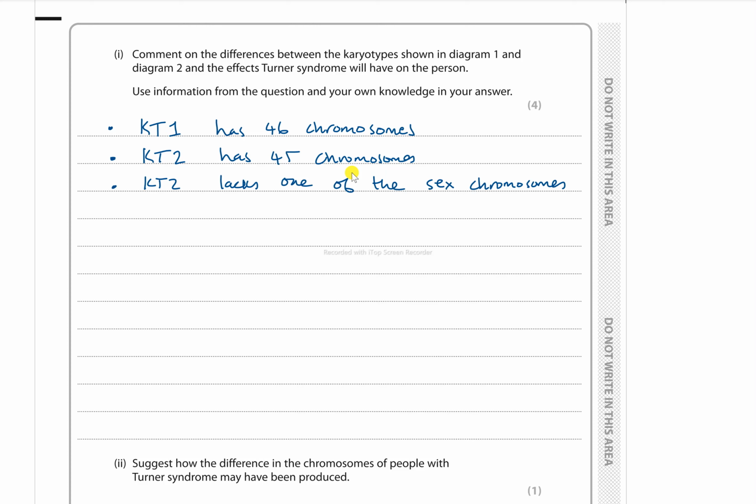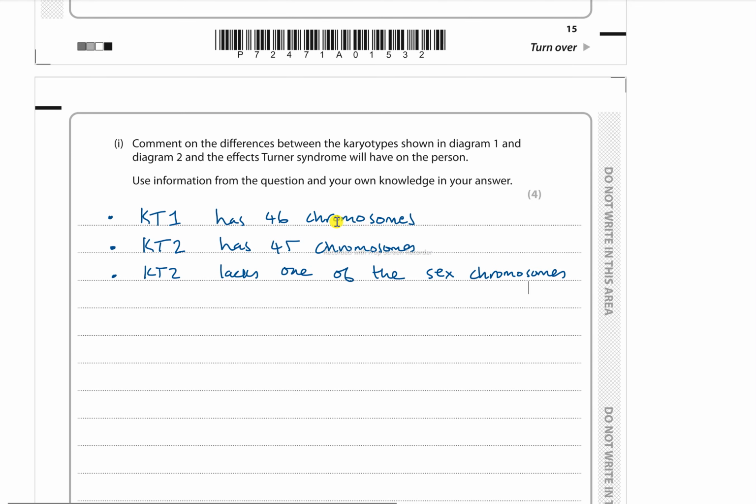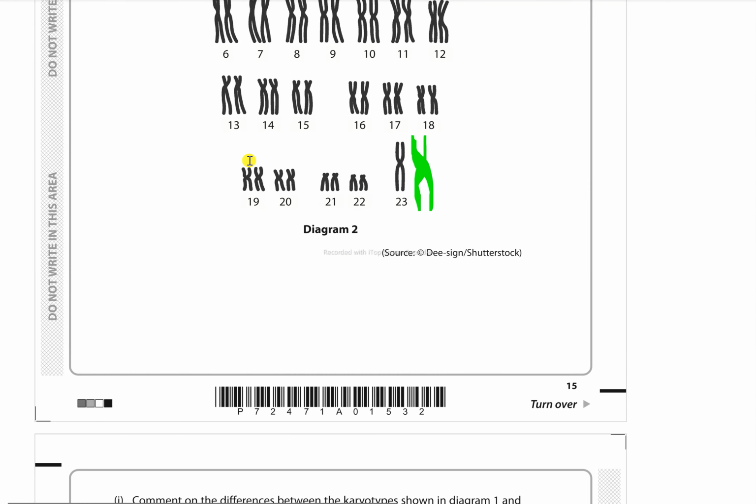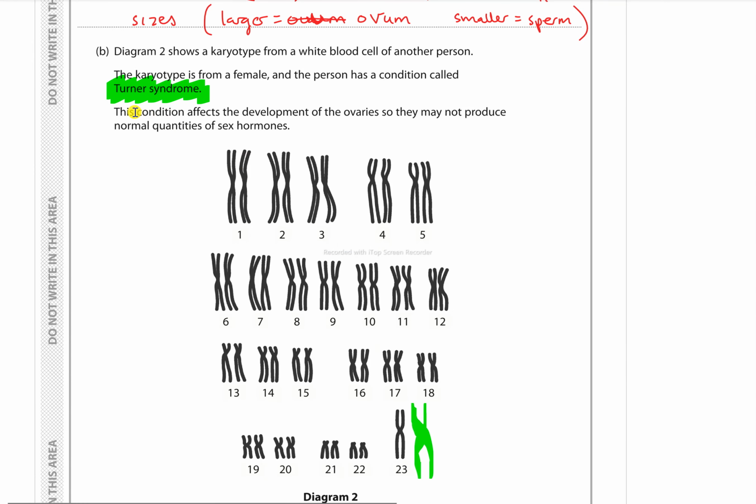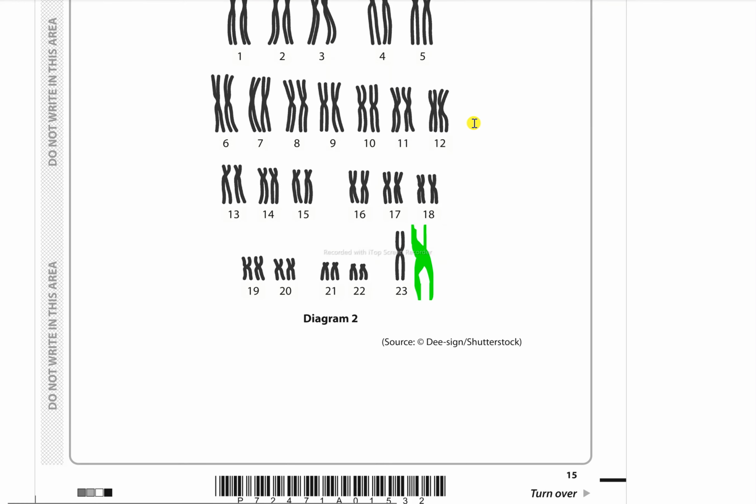Now, how do you know which one it is? It was saying, comment on the differences, right? So it's saying here, this condition affects the development of the ovaries, so may not produce normal quantities of sex hormones.